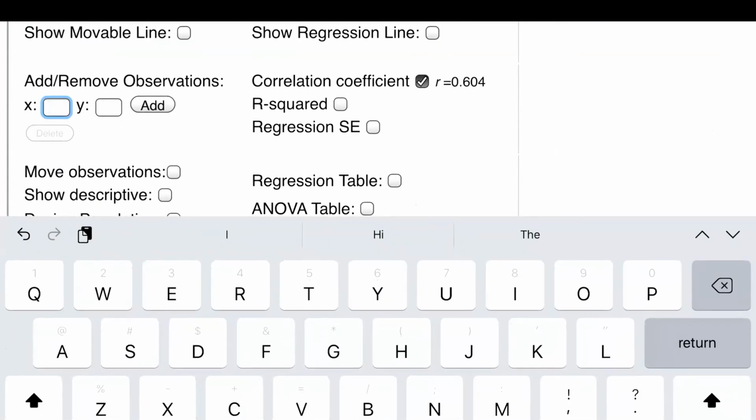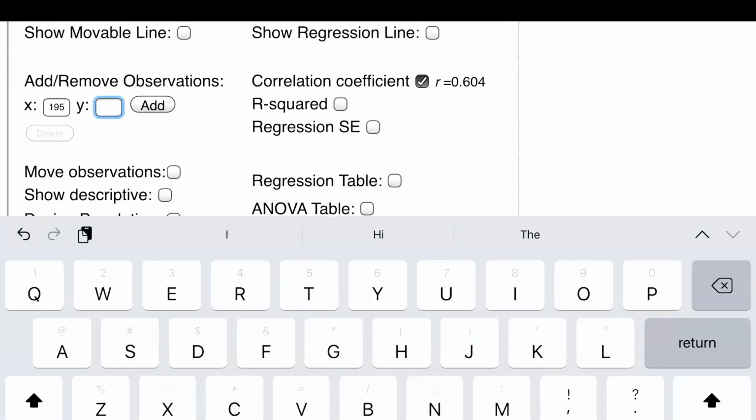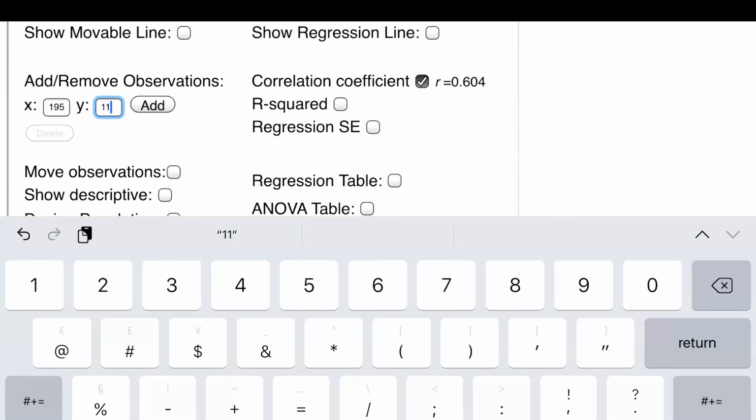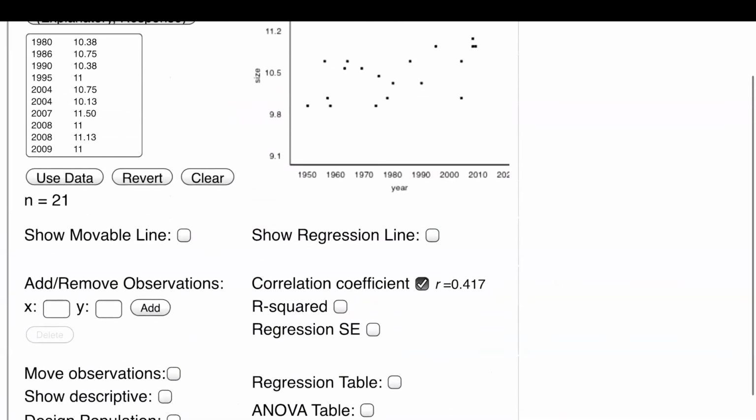So if we go back to the applet, and in the add or remove section, we add an x value of 1958 and a y value of 11.5 for diameter, and click on add. Now, if we scroll down in our data box, we'll see that point is there. And notice what happened to the correlation coefficient.